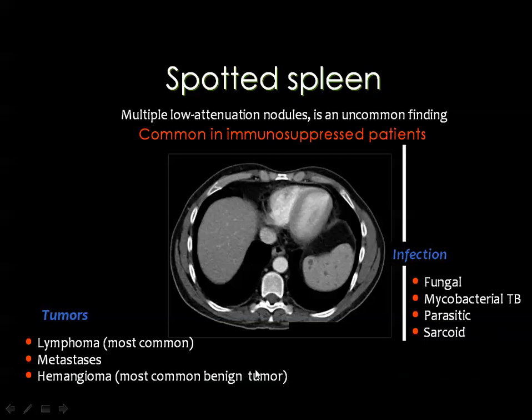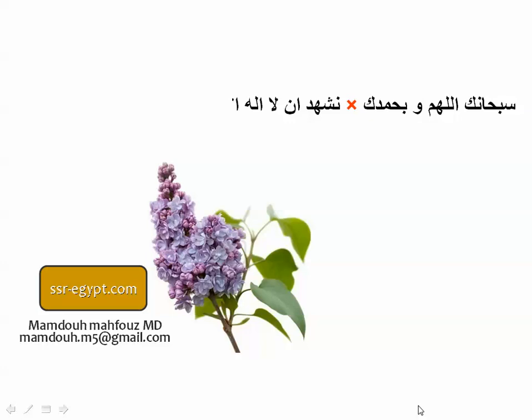And tumors, number one is the lymphoma, with the most common metastasis. If there is a known primary malignancy, hemangioma, especially in the hemangiomatosis type, where you got multiple splenic hemangiomas affecting the spleen.